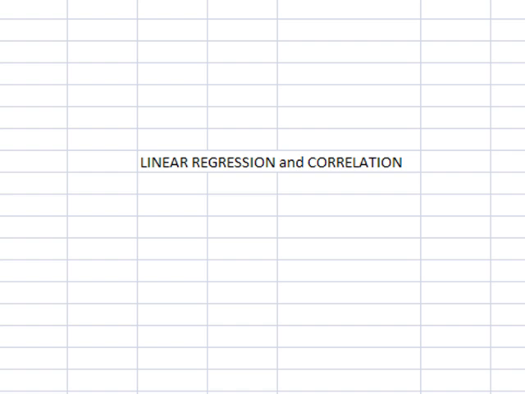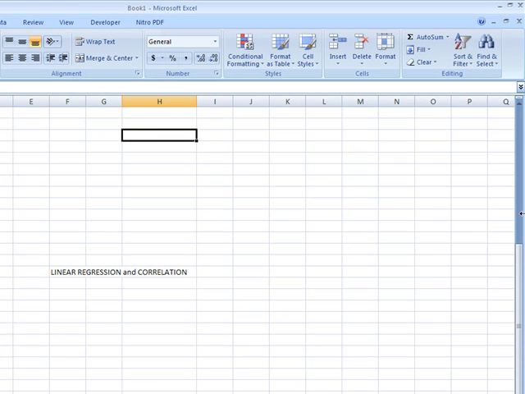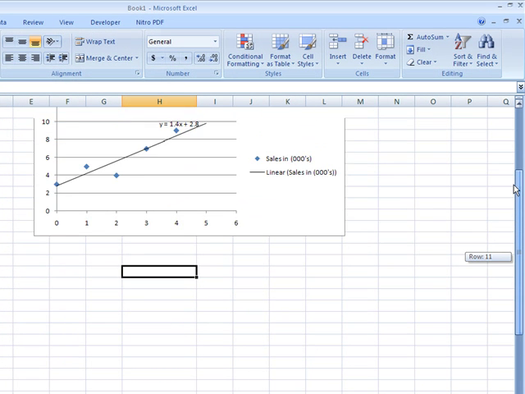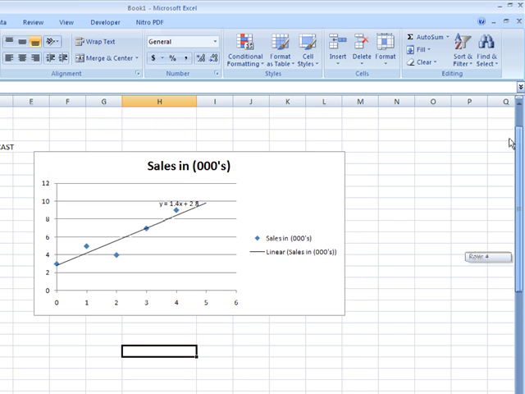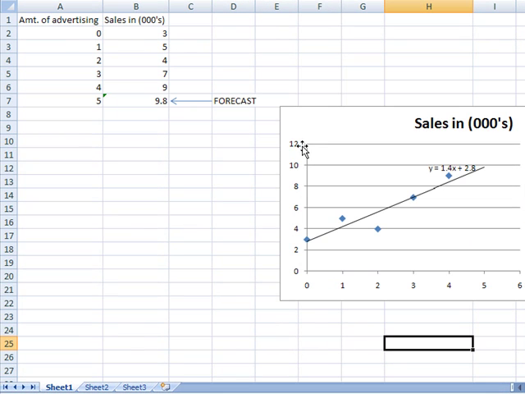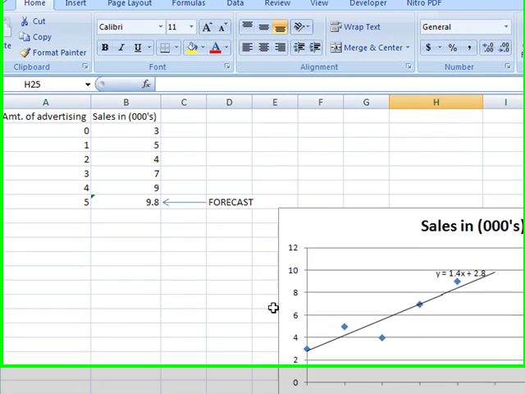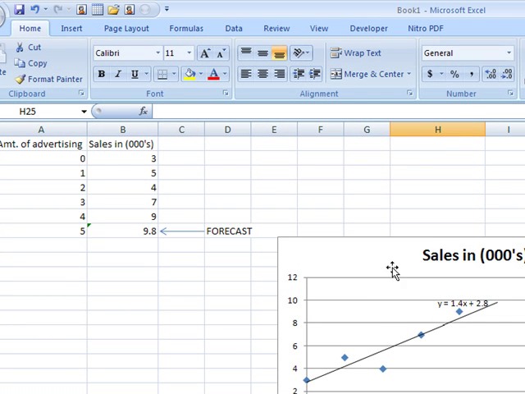So we saw from the previous example, from the last module, that we had these data points. We did see from all the data over here that we used this least squares method of getting a linear equation, and the equation is y equals 1.4x plus 2.8.